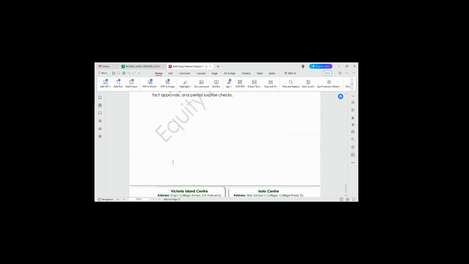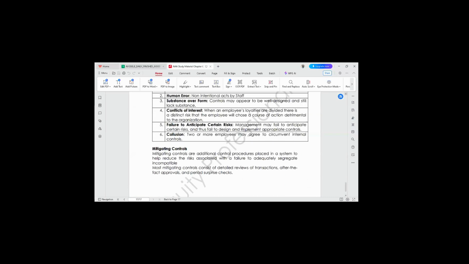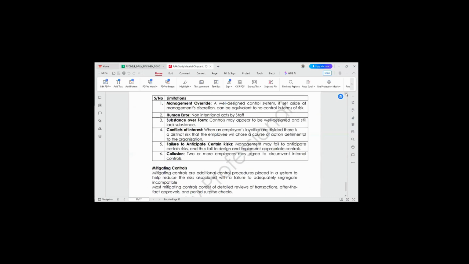Thirdly, we have substance over form. What substance over form means here is that at any point you are trying to implement a control, you should always ensure that the control is more beneficial than the cost of the implementation itself. For instance, if there is a fraud of 1 million naira, you can use 10 million naira to detect or unravel it.